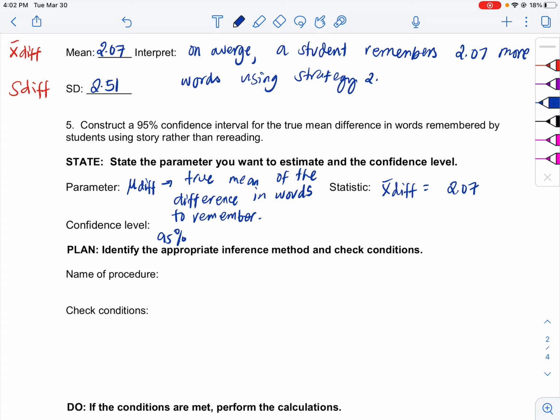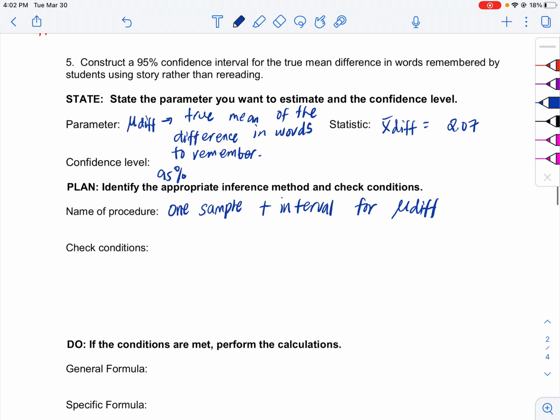What else? The name is going to be different. The name of the procedure is one sample t interval for mean difference. My condition, same thing, random.